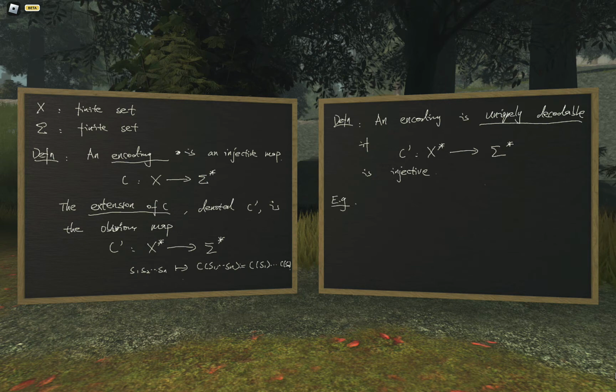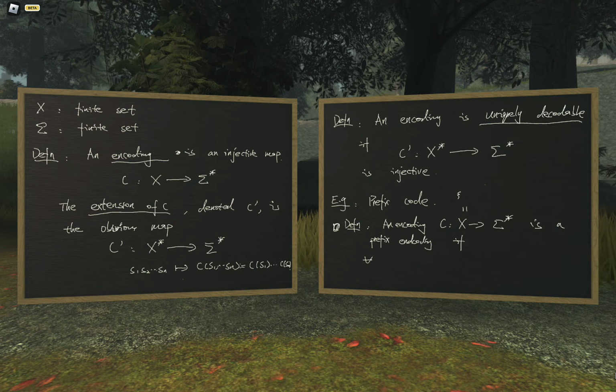Let's look at one example, which is called a prefix code. An encoding C from X to sigma star is a prefix encoding if the following holds.